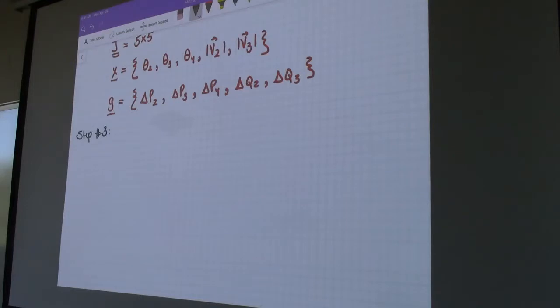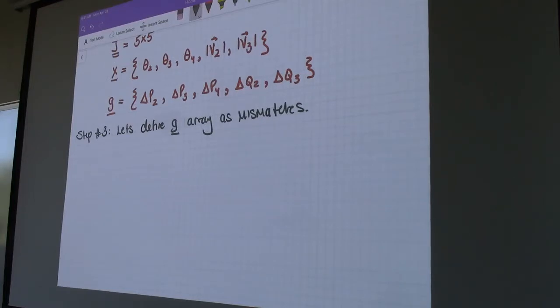So step 3. Now, let's go through and define all the elements of G, because we're going to need actual equations that we're going to plug values into in terms of your thetas and your V's.